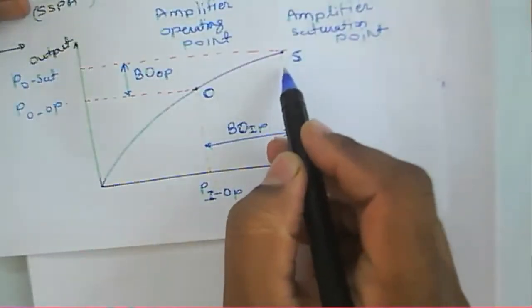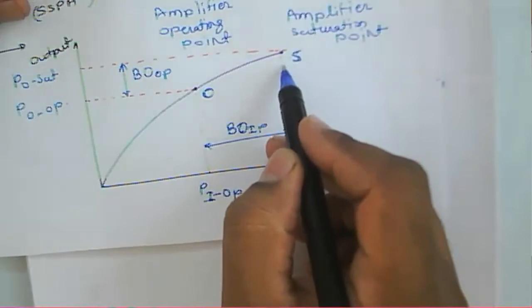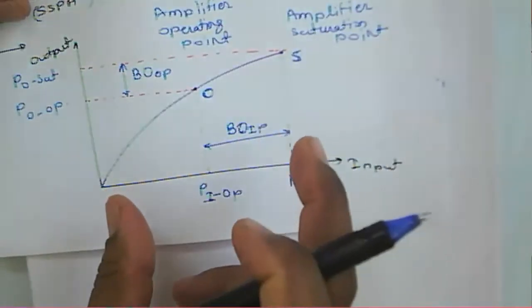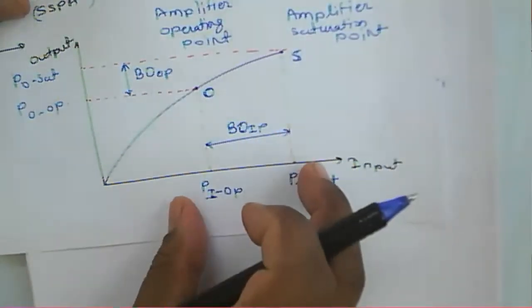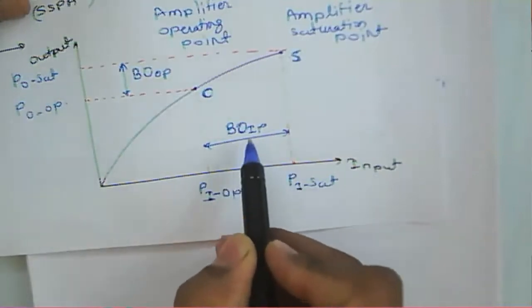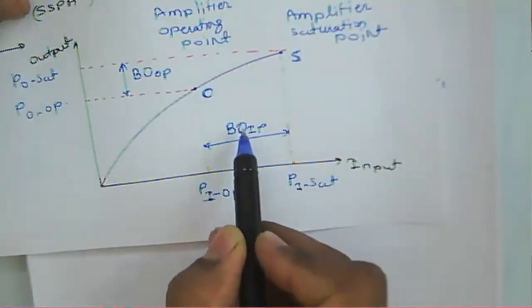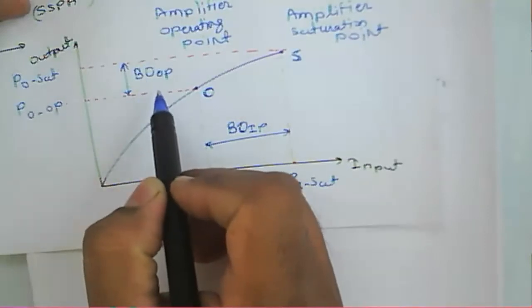To avoid this particular saturation, the amplifier is to be operated in the back off mode. Back off mode means, here, input back off mode and output back off mode.